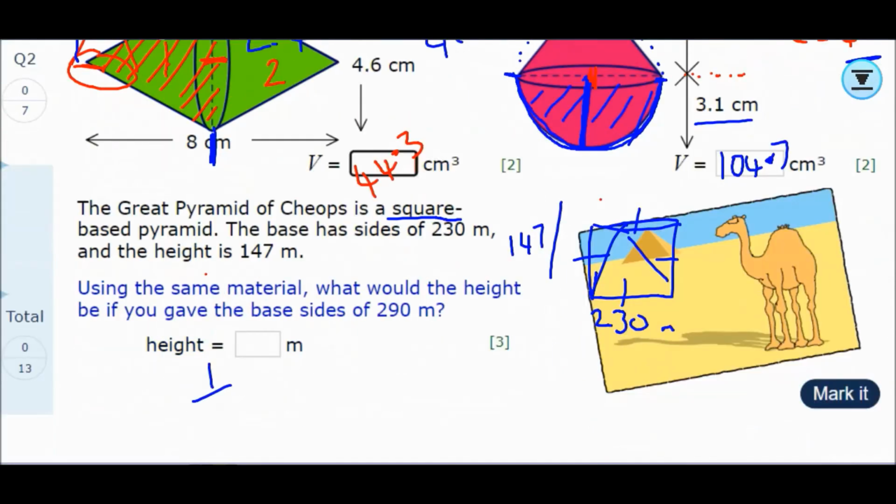So if we did the formula, 1/3 times the base area, so I've got 230 squared, times by 147, and I could work out the volume of that. So we need to calculate this first.